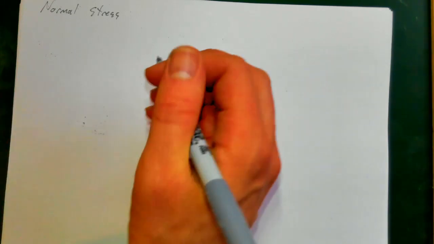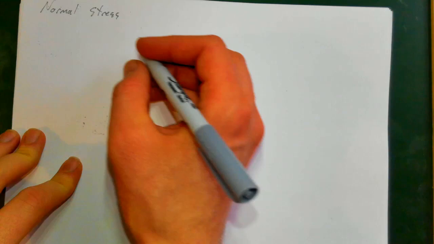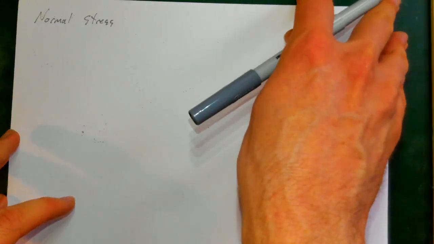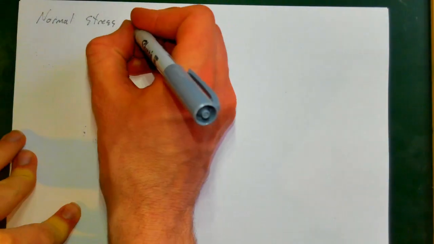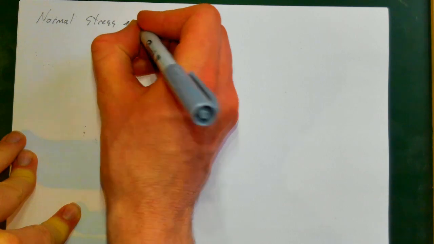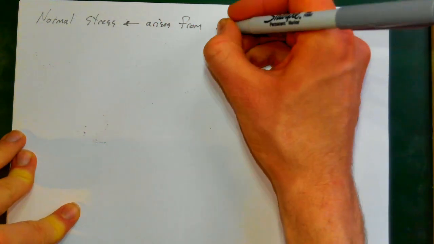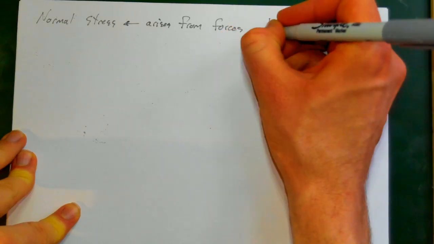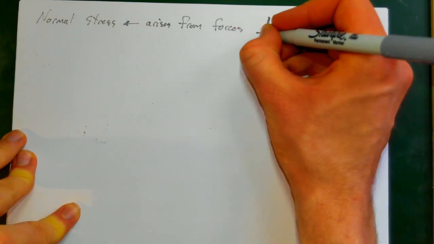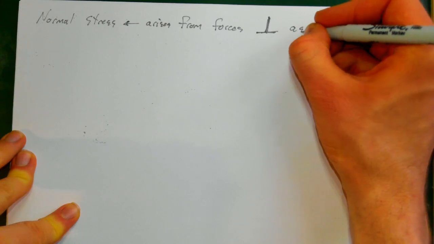When we're thinking about normal stress in the context of engineering, we're thinking about stress that is associated with forces that are perpendicular to a surface. So normal stress arises from forces perpendicular to a surface.